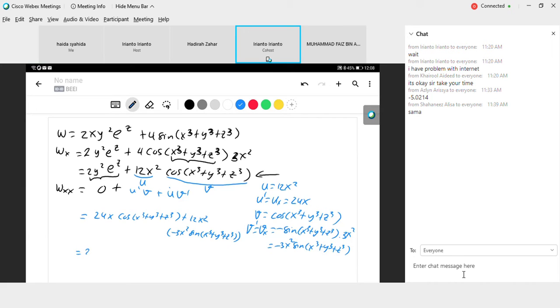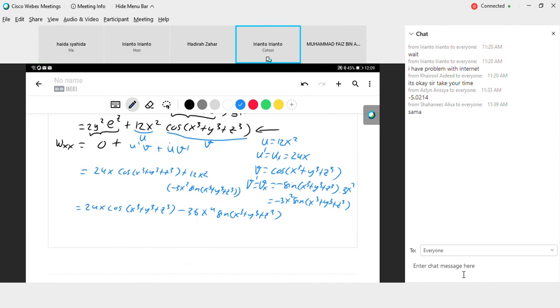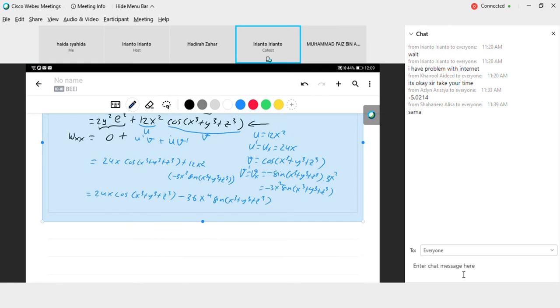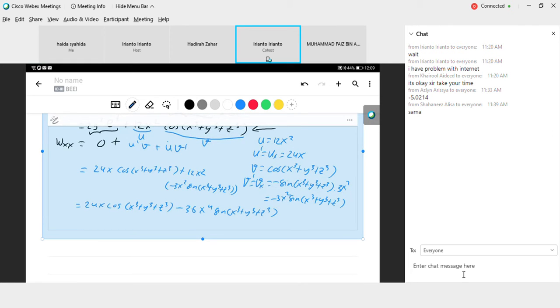So 24x cos of x cube plus y cube plus z cube minus 12 times 3, 36, x squared times x squared, x to the power of 4, sine of x cube plus y cube plus z cube. Done. Just like that. Simple, I think. Understand?